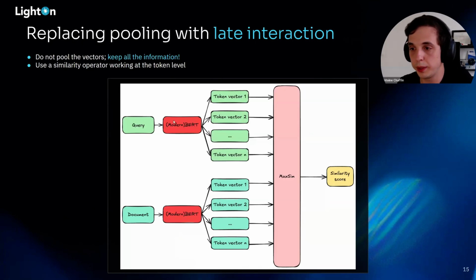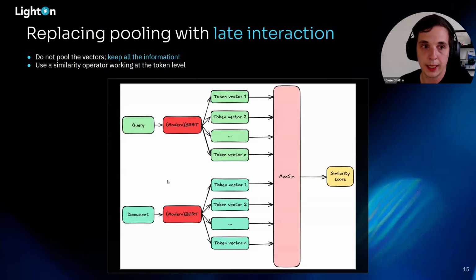We will feed the query and the document to a transformer model, and it will create a contextualized vector representation of all the tokens. But this time, instead of pooling all the vectors into a single one and computing the cosine similarity, we will actually keep all of the vectors, and we will use the MaxSim operator to compute the similarity. That is the sum, for all of the query tokens, of its maximum similarity with one of the document vectors.